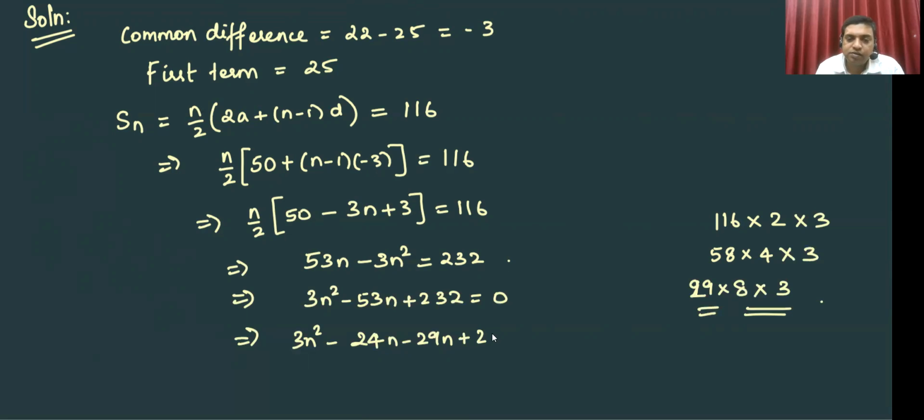So 3n, n minus 8, minus 29 into n minus 8.